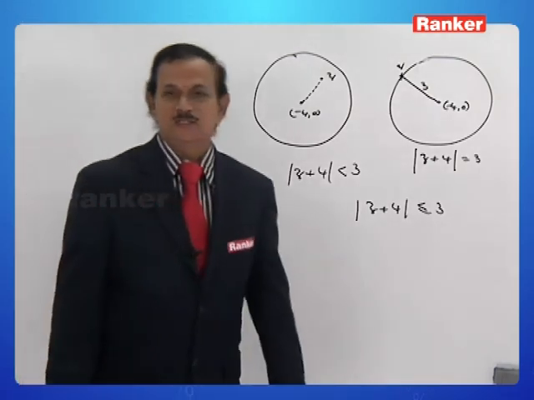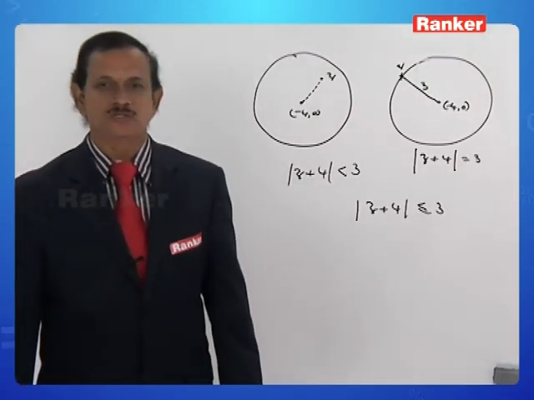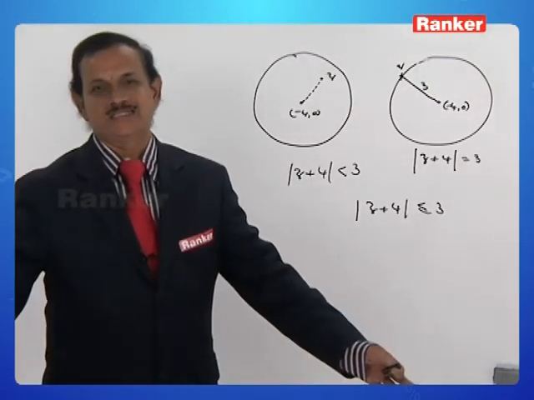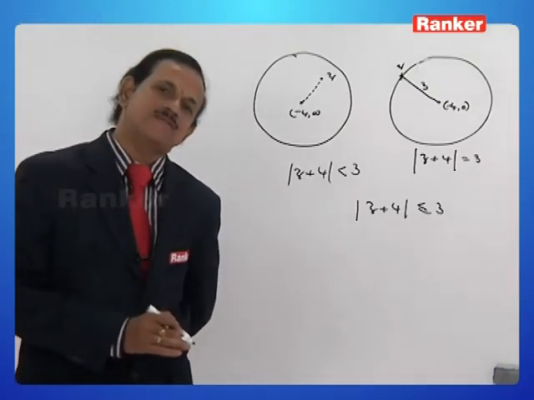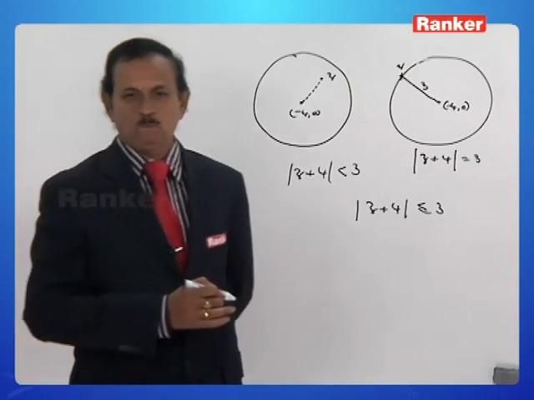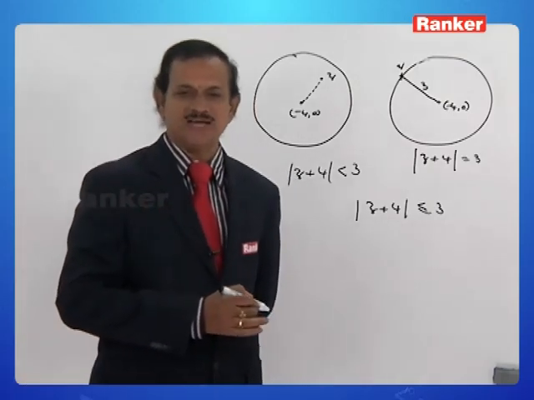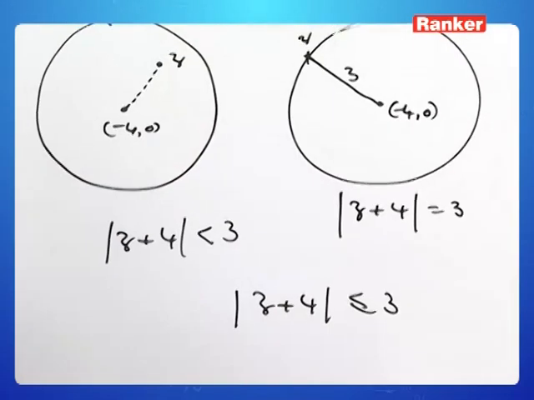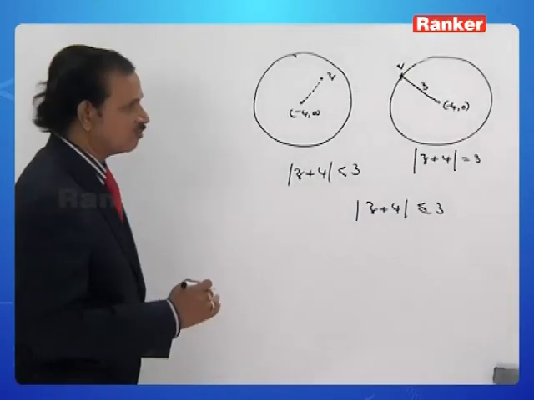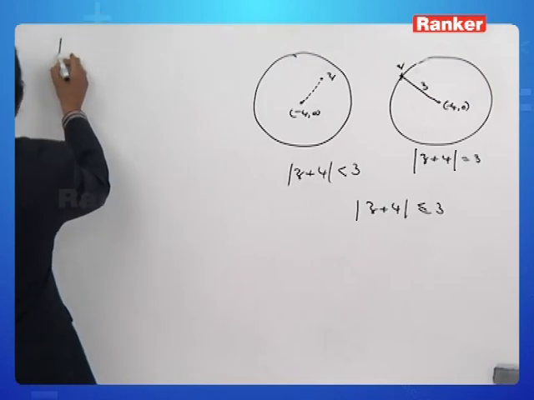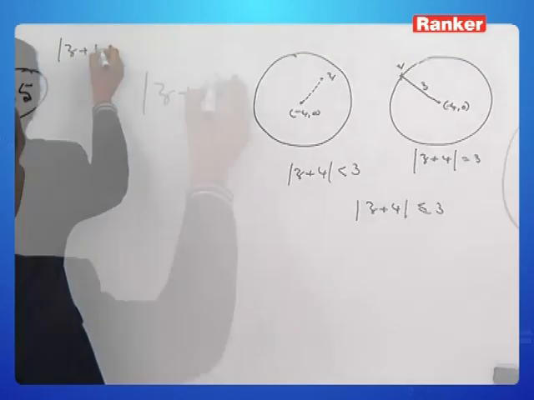So far we have analyzed the situation given about z. Well, let us now think of the question. We are required to find the greatest and the least values of mod z plus 1. Let us think of mod z plus 1.